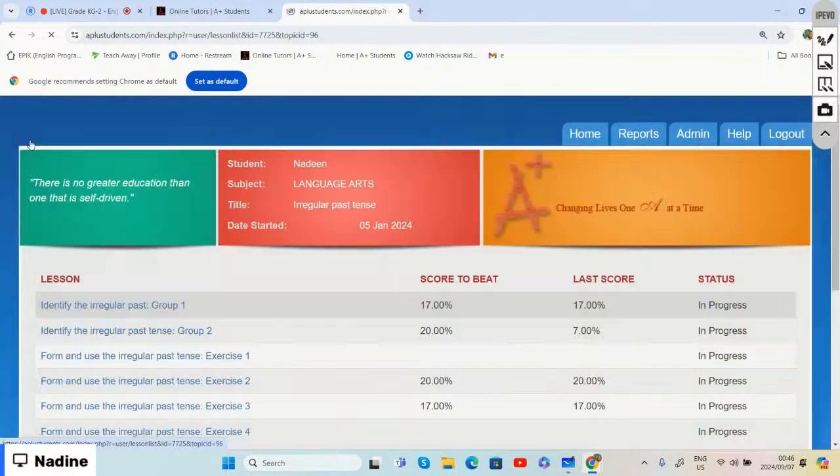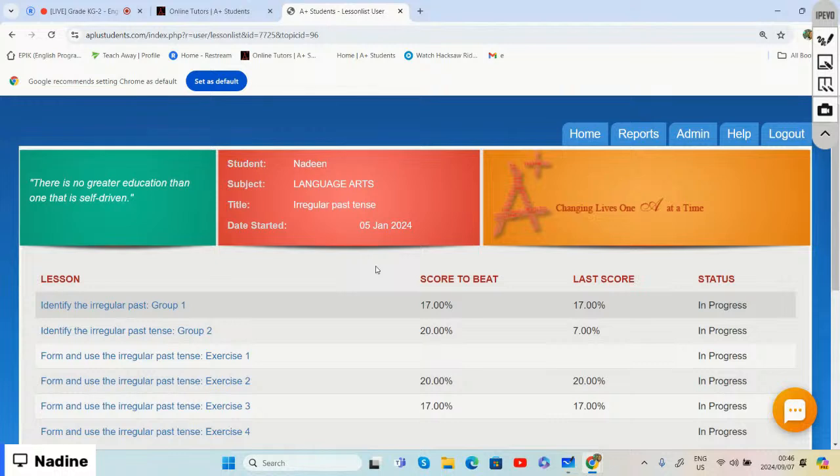All right, so this is now the end of our lesson on irregular past tense. We said irregular past tense words are words that don't follow any rules. So if we were to identify a word that is irregular in the past tense, then we don't follow rules like add an ED or D. You're just going to have to remember the different forms of that irregular past tense, right?